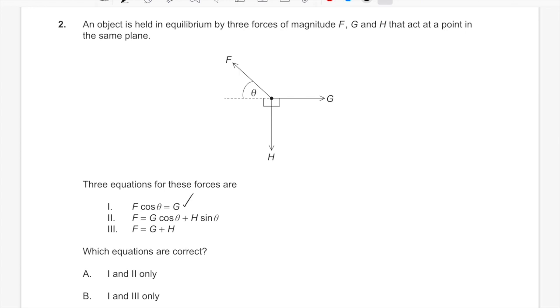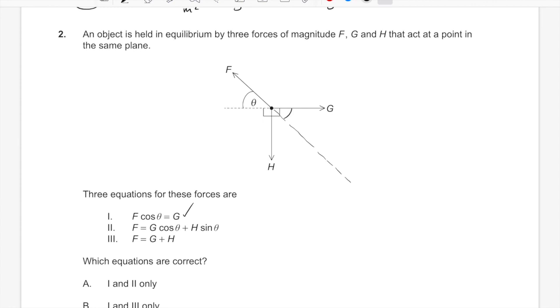So what we're going to do there is draw a line parallel to F, draw a line along F. And then we're going to first identify some angles. We have theta there, vertical angles. The projection of G onto that line parallel to F is G cosine theta. And then we also have to project H onto that line. And we do a little bit of trig, identify theta down there.